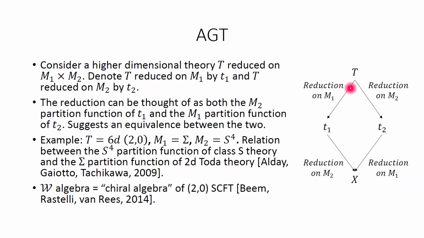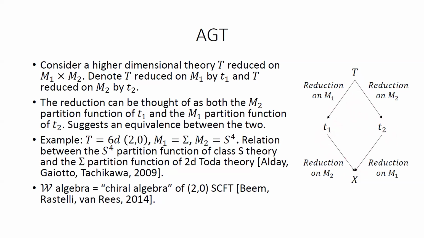And then I can reduce T first on M2. Now I get some other theory that I'm going to call T2. I can now reduce it on M1, which will be the partition function of T2 on M1. Now, you might expect the order of limits shouldn't matter. You might expect there's some relation between the partition function of T1 on M2 and that of T2 on M1.